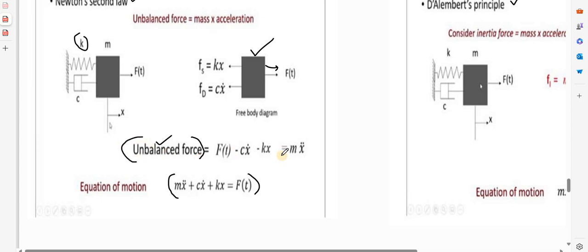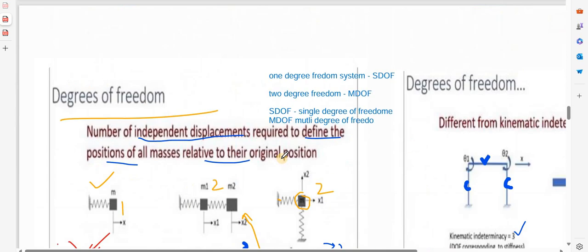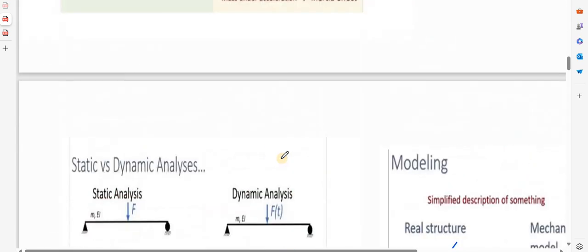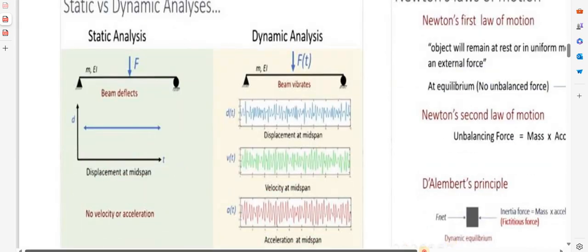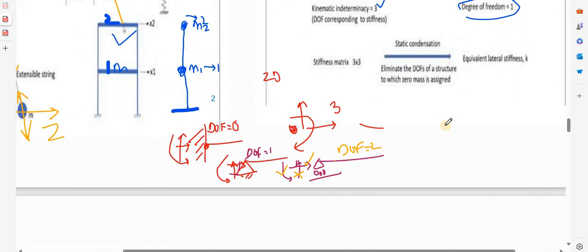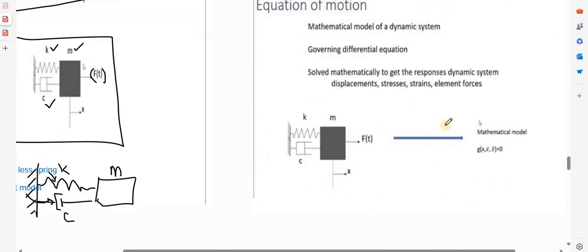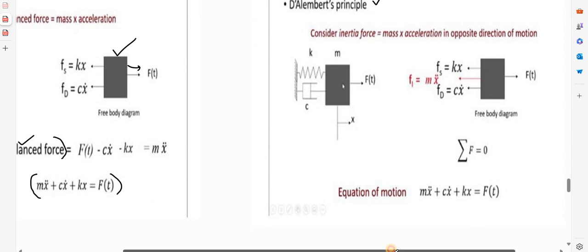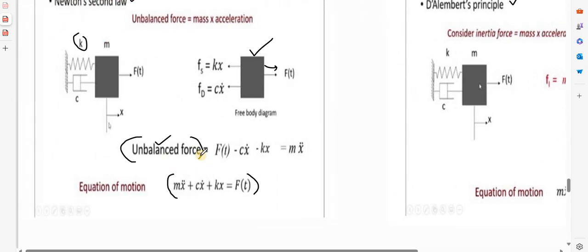Now what is Newton's second law? We have discussed Newton's second law in the last class. According to Newton's second law, the unbalanced force is equal to mass into acceleration. So the unbalanced force, F of t minus c x dot minus k x, is equal to m into x double dot.